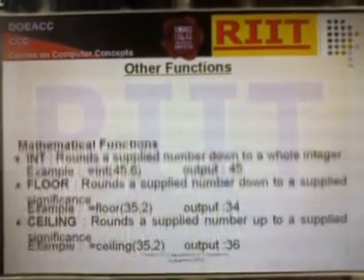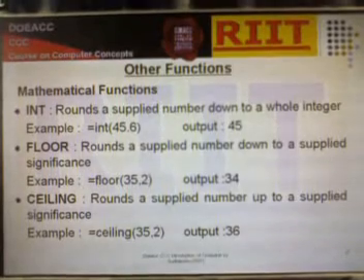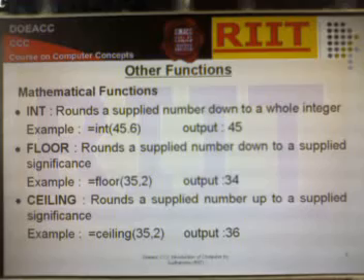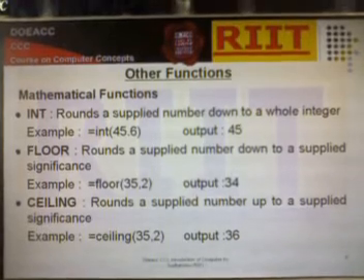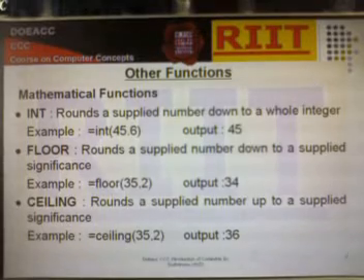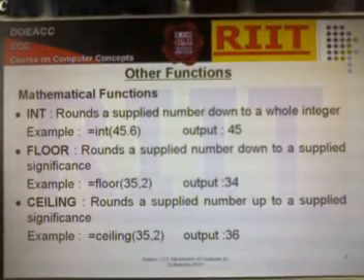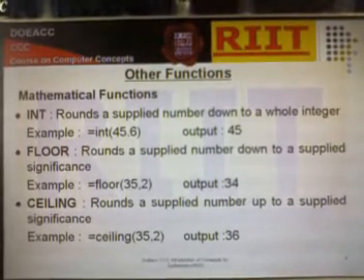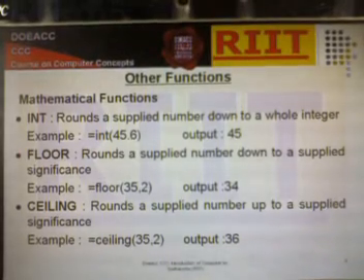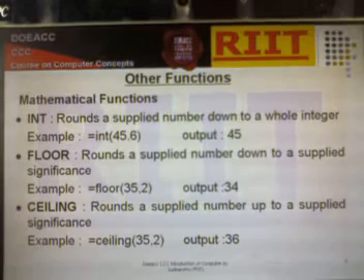Other functions. Mathematical functions. The first is INT, which rounds a supplied number down to a whole integer, like 45.6, then output is 45. FLOOR rounds a supplied number down to a supplied significance, like 35,2, then output is 35.